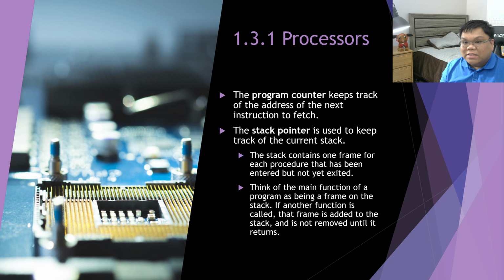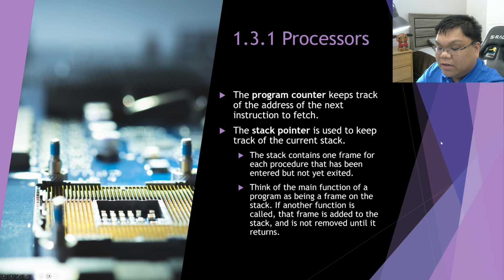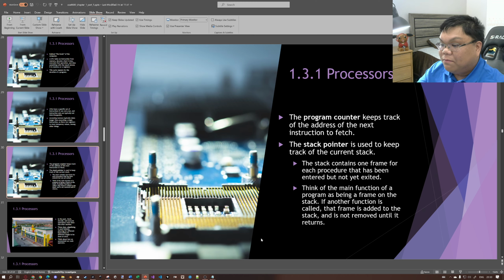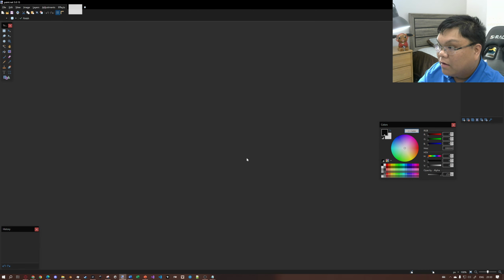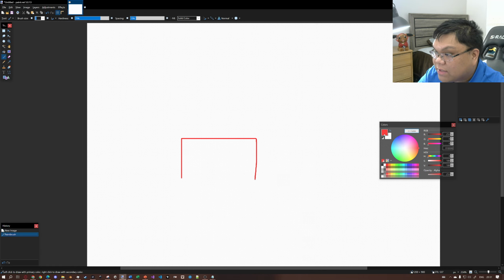There's also something called the stack pointer. Here's something about how a computer works if you aren't quite familiar with this. I'm just going to draw it here. When a computer runs a program, the memory space for that program is going to have something like this on what's called the stack.